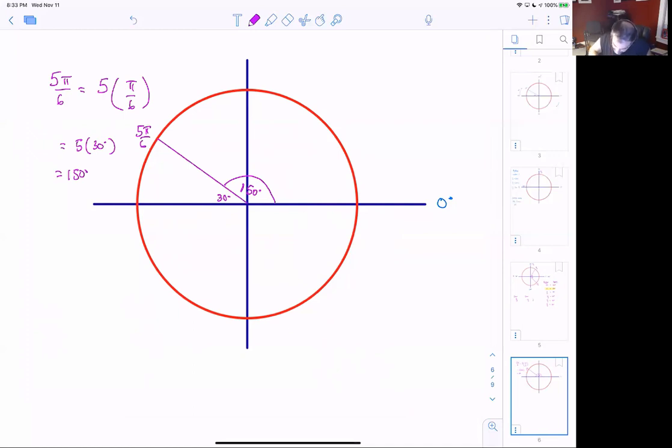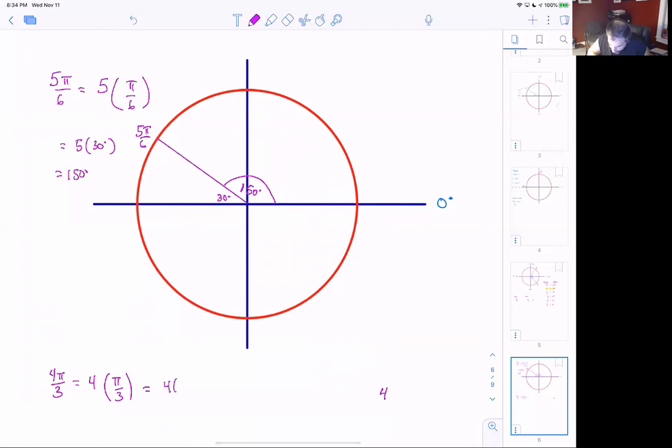I can do another one down here. Let's do 4 pi over 3. Again, don't think of it as 4 pi over 3. Think of it as 4 pi over 3s. If you remember that pi is 180, a pi over 3 is a 60.